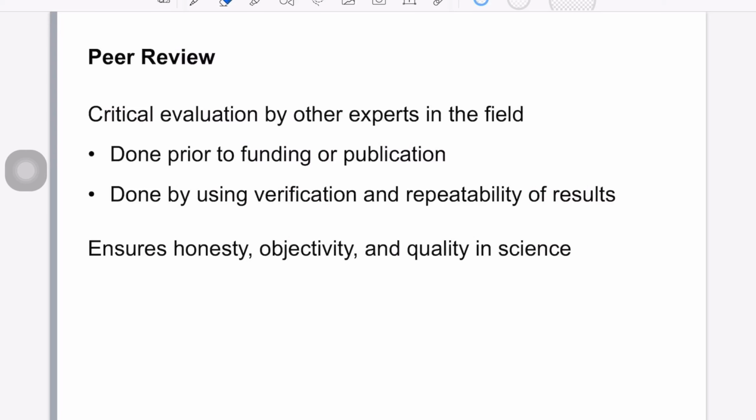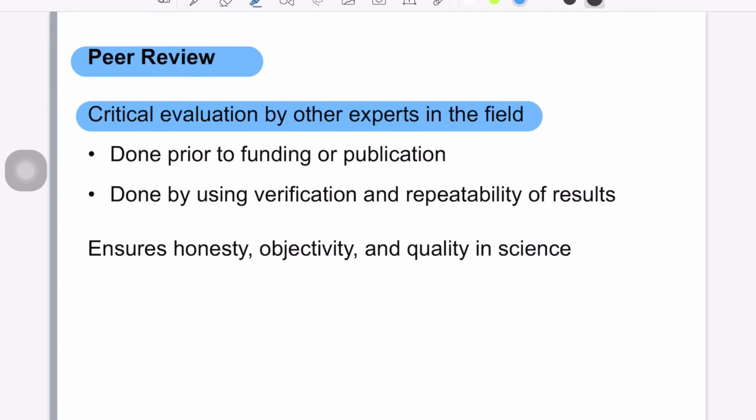And of course, peer review is essential in science. You take your ideas, you put them out there to your colleagues and the public, and they critically evaluate your work. And often this is done if you're looking for funding. They'll peer review your proposals or your publication. So we often hear the question, was that article peer reviewed?